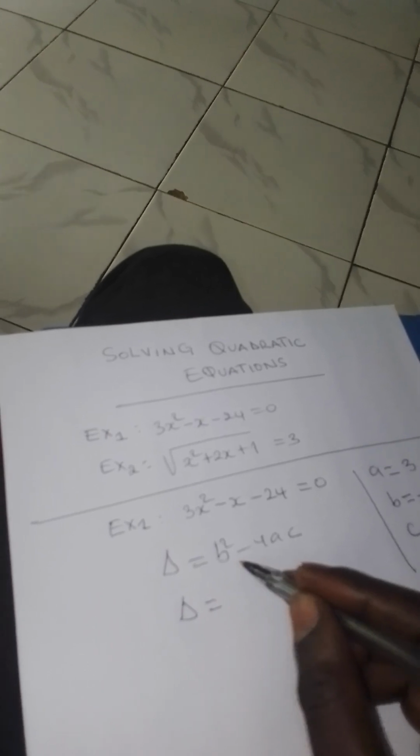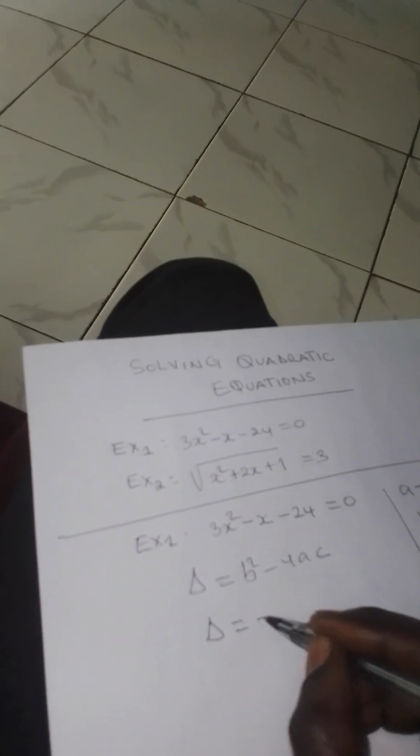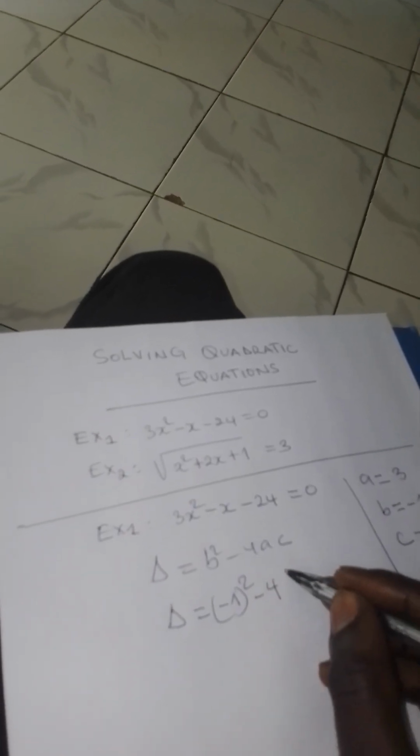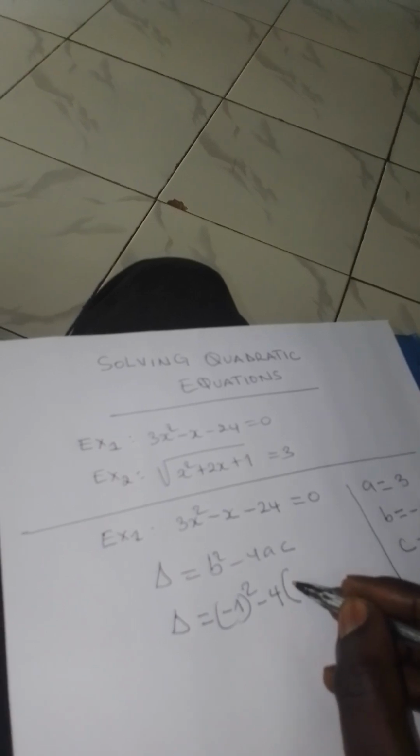Then we substitute. We write delta, which is equal to b squared. Where we have b squared, we write negative 1 in brackets, squared because b is squared. Minus 4, in bracket the value of a, which is 3, then in bracket c.